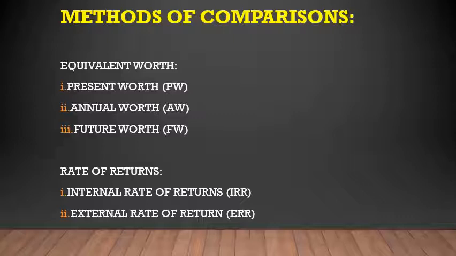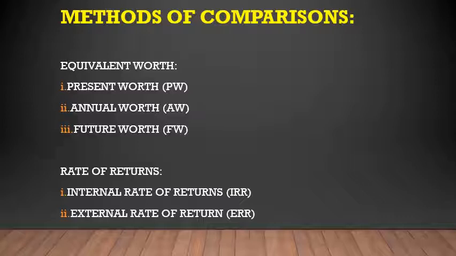If I end up with a positive answer, I go with the present worth that gives me the highest value. If I end up with a cost, I go with that alternative which yields the least cost. That's how I select the most optimum alternative.